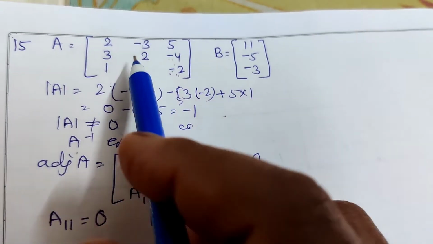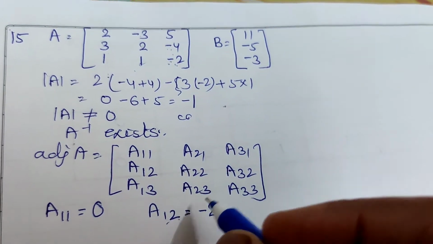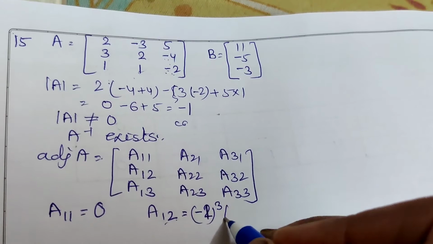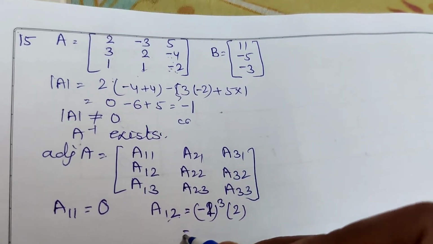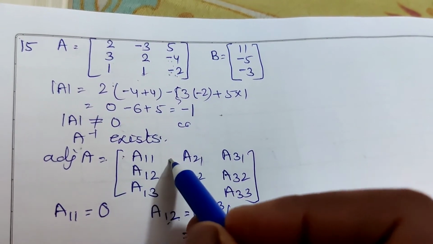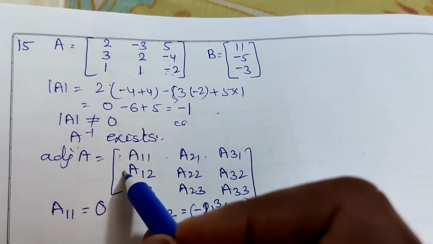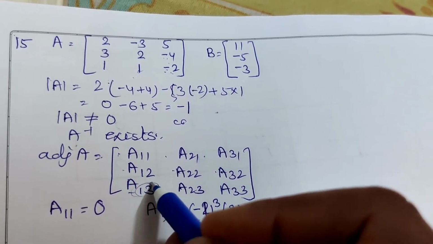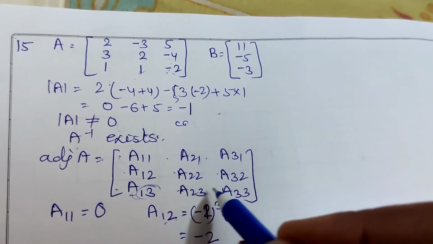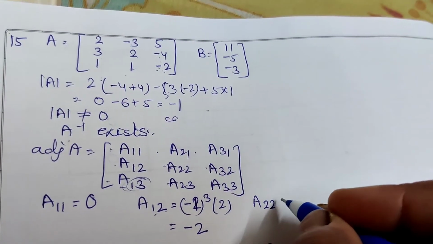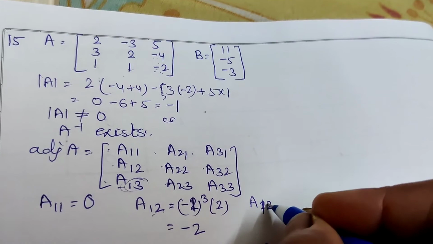But it is the position of A12, so multiplied by minus 1 raised to power 3, it is equal to minus 2. We know the sign pattern is plus, minus, plus, minus, plus, minus, because minus 1 raised to an even number is plus and to an odd number is minus. Now A13.